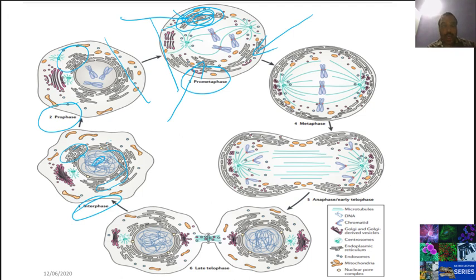This organelle is then partitioned and inherited by daughter cells. This is how the nuclear membrane disappears.